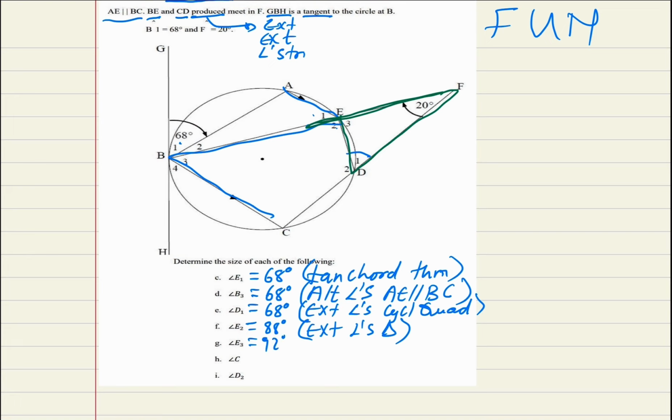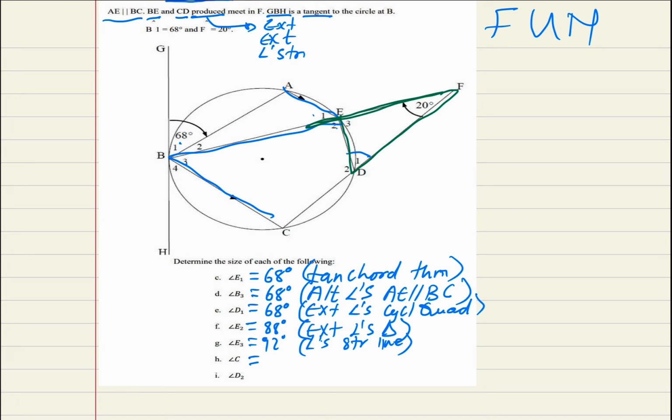Or you can use angles in a straight line since it's produced, guys. So that means this is a what? Angles in a straight line. Okay, sorry guys about all the mess. I'm trying to do it as quickly as possible.